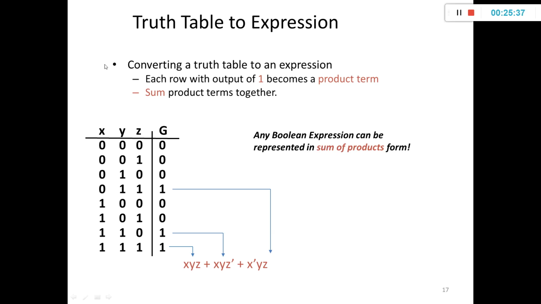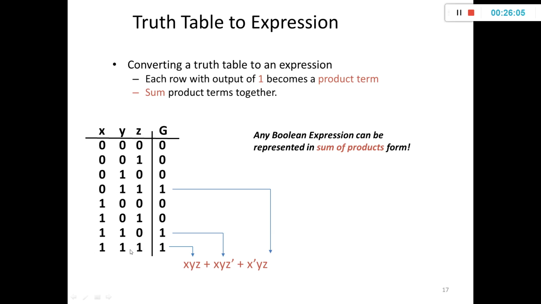Now let me explain this. Try to see the G column, that is the output column. Here 0 1 1, the output is 1. Next 1 1 0, the output is 1. 1 1 1, the output is 1. So let me write an expression for this truth table.